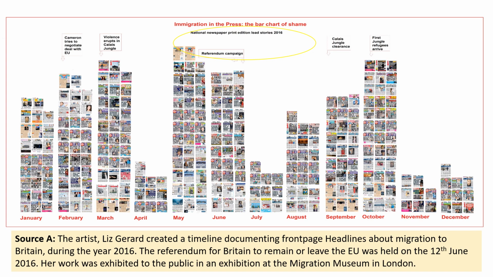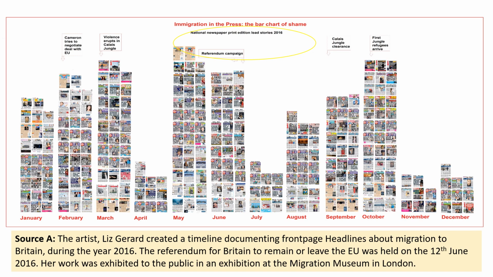So what she did was she found all the national newspapers that ran a headline about migration in a kind of negative way. And so throughout January to December, you can see how many national newspapers each day had their national front page plastered with something about migration.